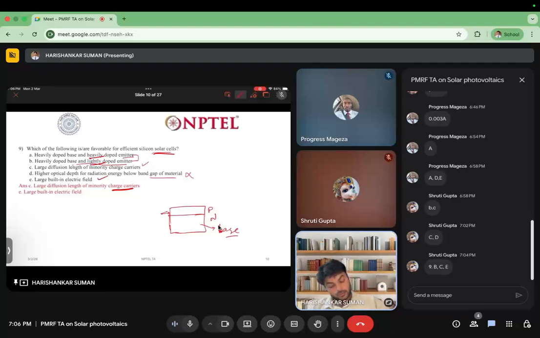The emitter should have more doping, the doping should be high as compared to base, but this is reverse, that's why it's not correct. This is also not correct.